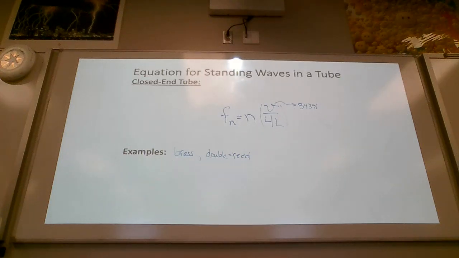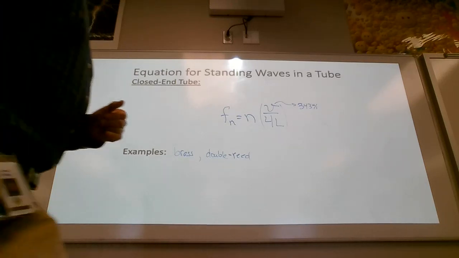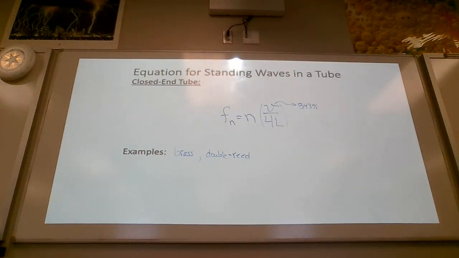You will not need to memorize that. If I give you a trumpet, you don't need to know whether it's closed end. I'll tell you that. I'm just trying to make connections with stuff you've experienced.